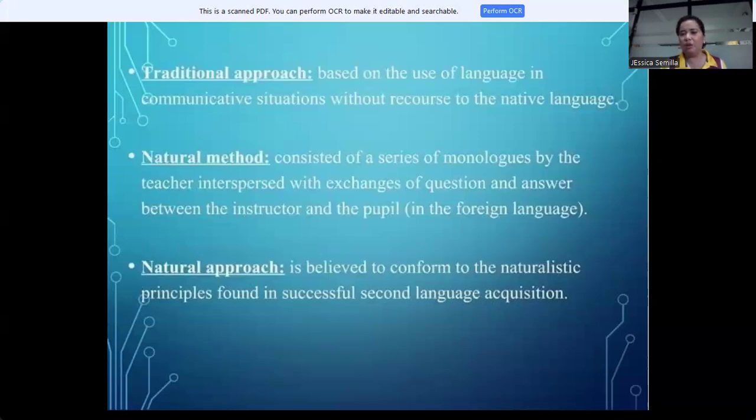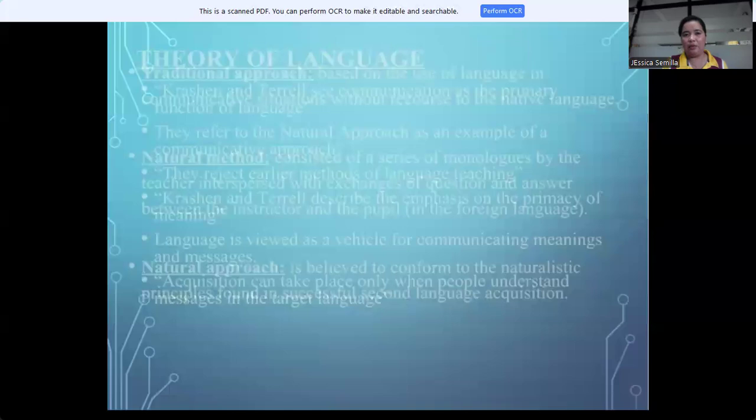On the other hand, when we talk about the natural method, this consists of the teacher exchanging questions and answers between the instructor and the pupil in the target language. And also under the natural approach, it is believed to conform to the naturalistic principles found in second language acquisition, that you try to use rules while learning the language itself.